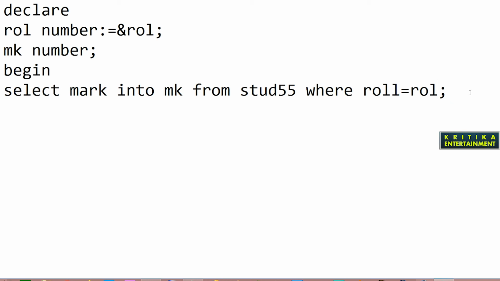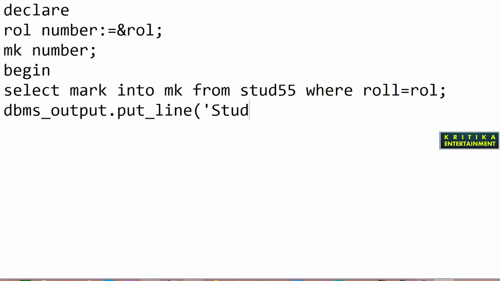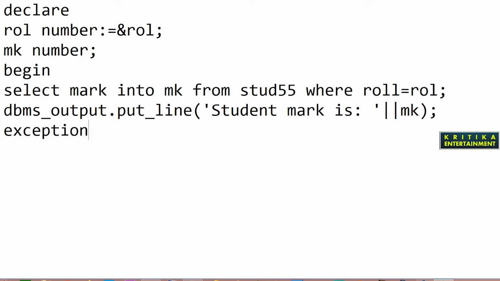This roll is my variable. Now write dbms_output.put_line, student mark is, mk. Then I close this, and we write the exception part.